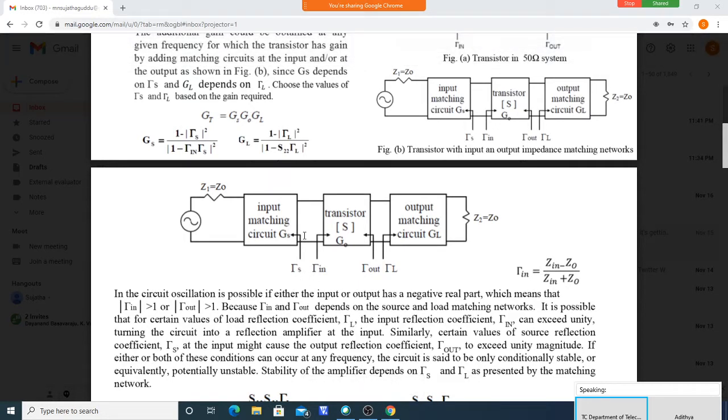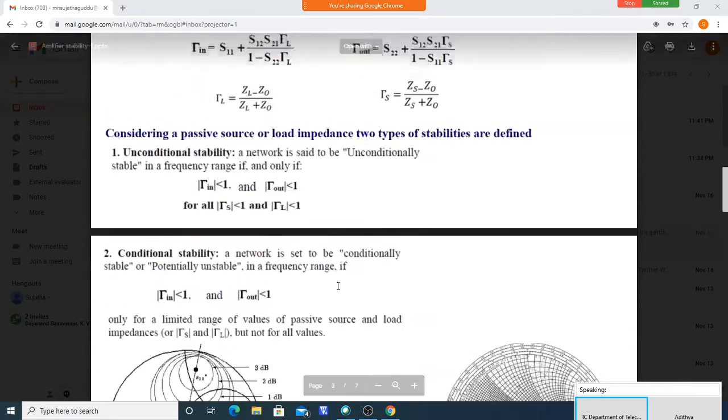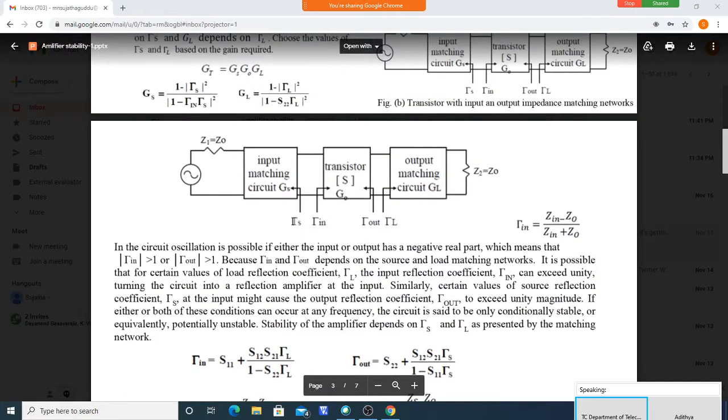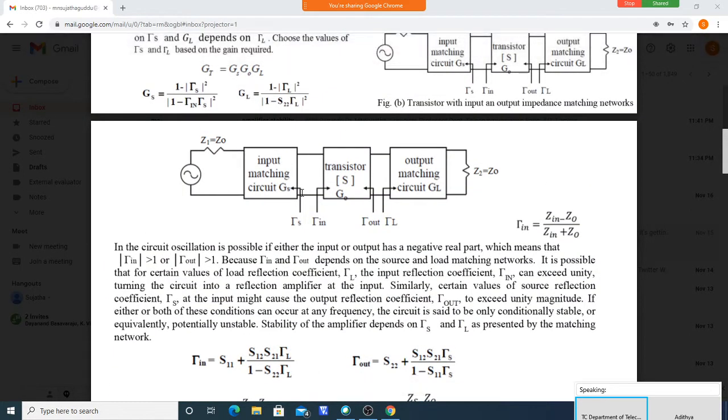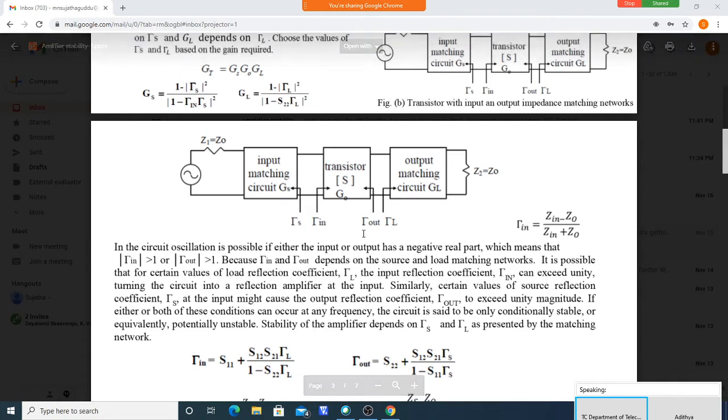That zs we have to set. I have taken this zs here, and this zs here. But can we take that value or not? That value of zs, can we take it or not? Again we have to consider one more parameter, that is called stability. We have to check the stability. Before going to that, we will see what is meant by stability.